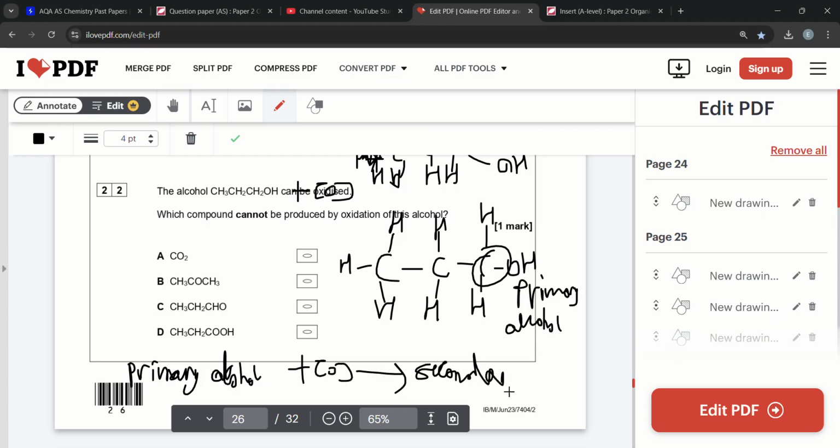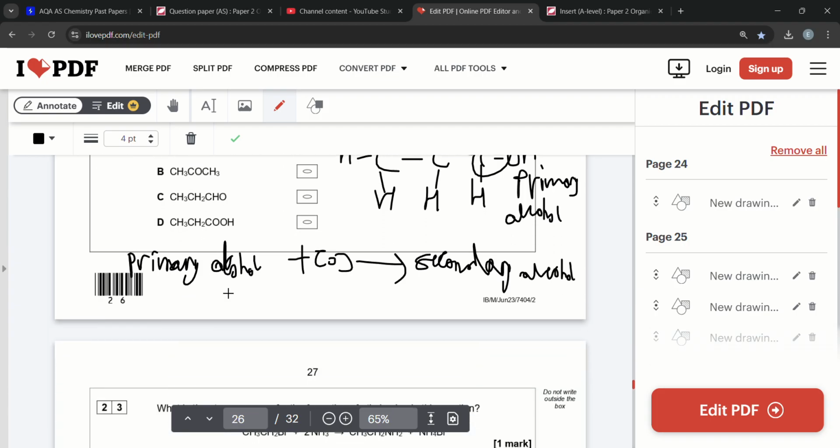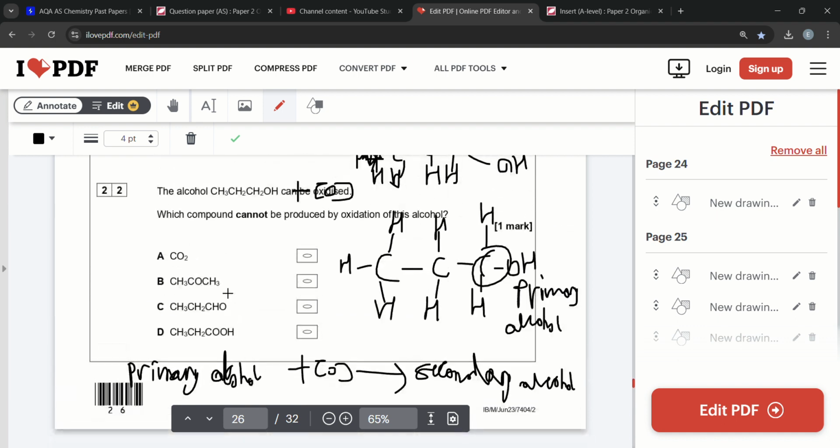So I feel like we can't form a tertiary alcohol. So one of these has got to be a tertiary alcohol. Now, primary alcohol is oxidized, not to a secondary alcohol, but to an aldehyde, and then aldehyde to carboxylic acid.